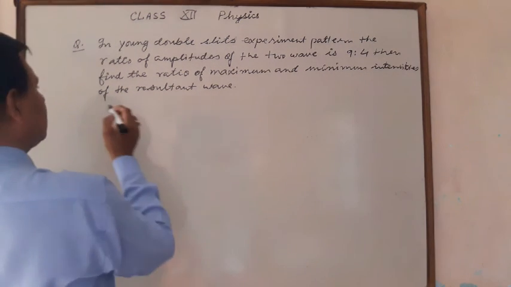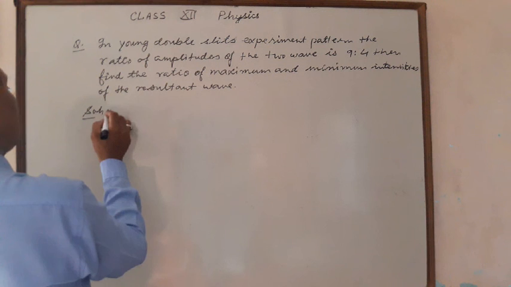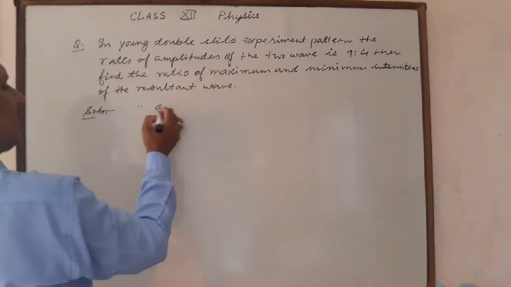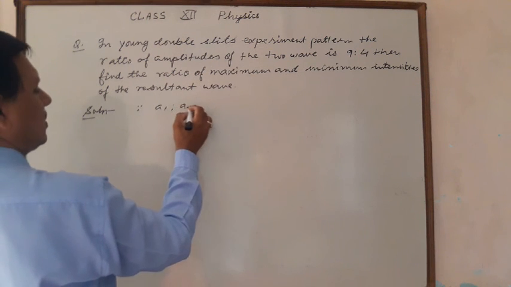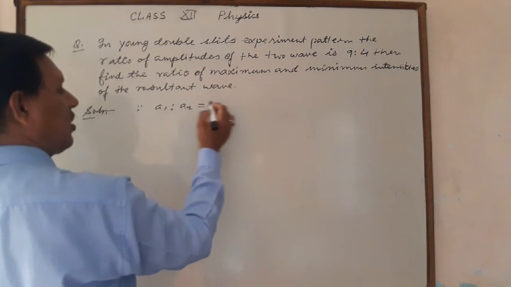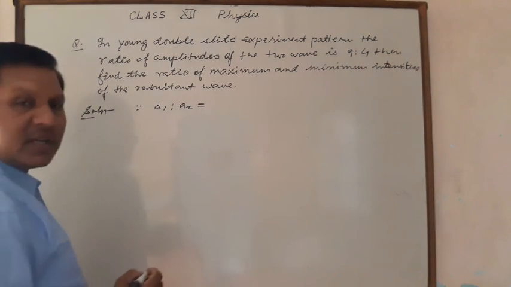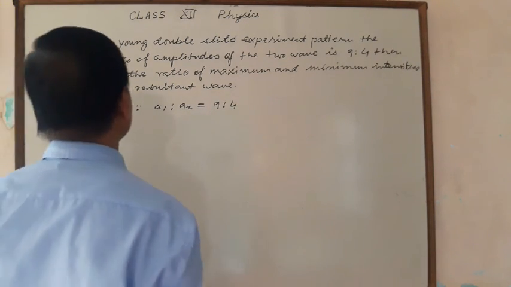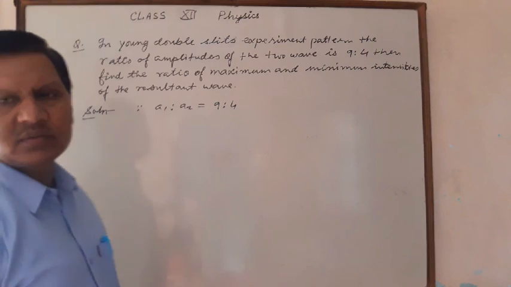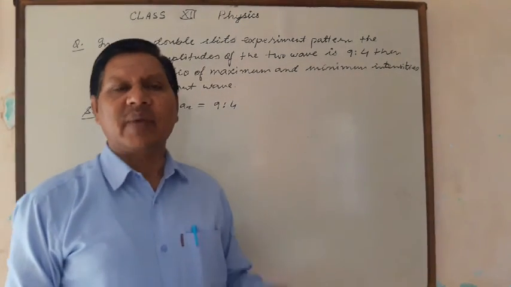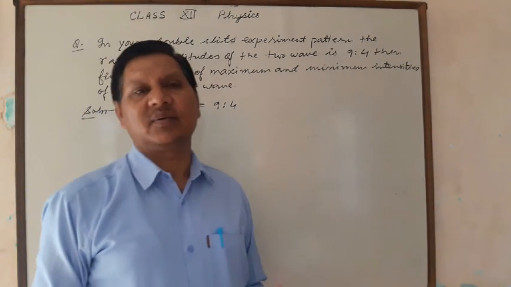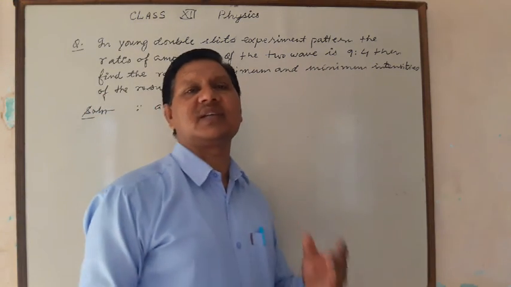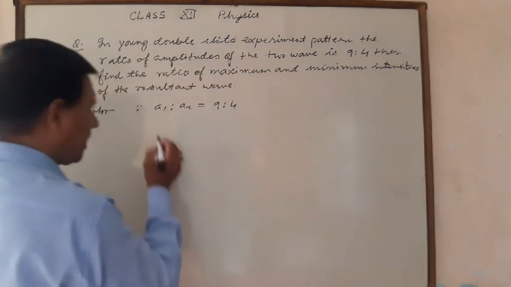Here in this question, the ratio of amplitudes of the waves is given, that is A1:A2 is equal to 9:4. We have to find out the ratio of maximum and minimum intensity of the resultant wave.